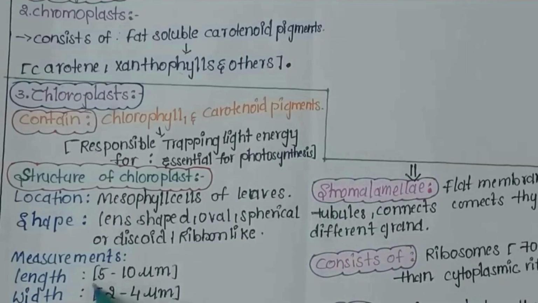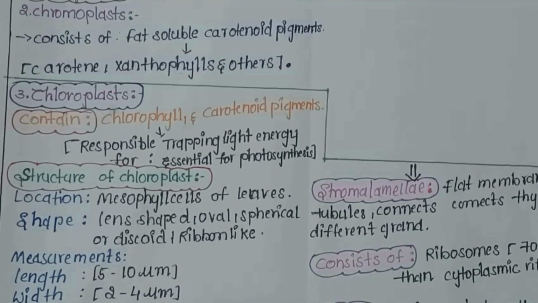These are about 5 to 10 micrometer in length and 2 to 4 micrometer in width. The number of chloroplasts varies per cell: in Chlamydomonas there is 1 per cell, and in green algae there are 20 to 40 per cell.